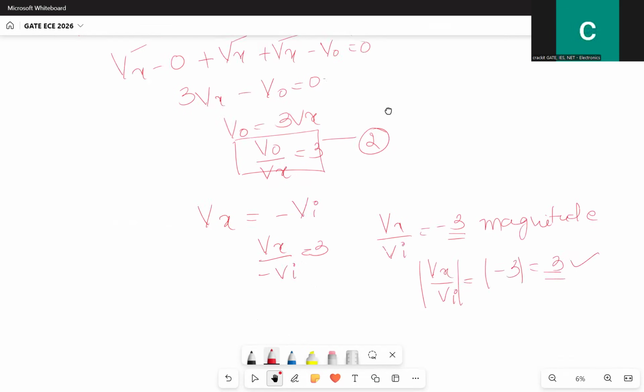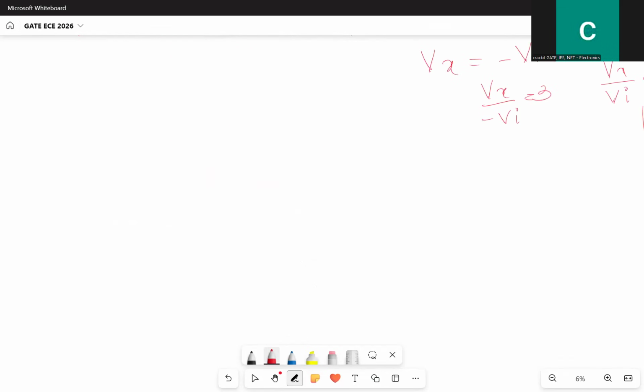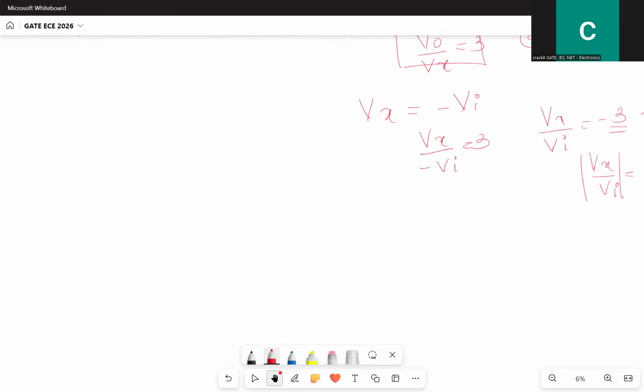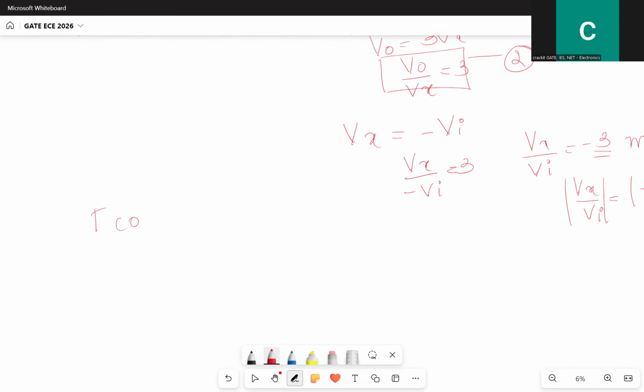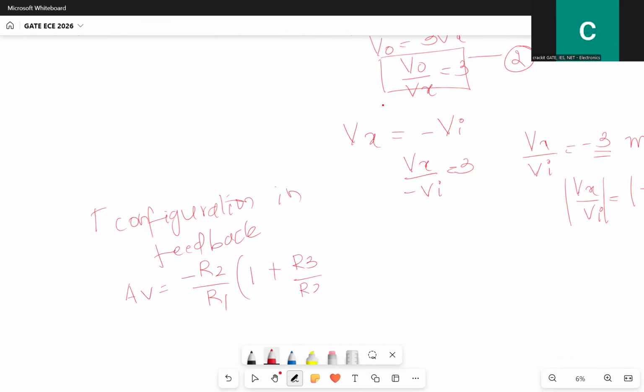If you want to solve this question directly with the help of a formula, whenever a T configuration is given in the feedback, we can use directly this formula: minus R2 by R1 times 1 plus R3 by R2 plus R3 by R4.